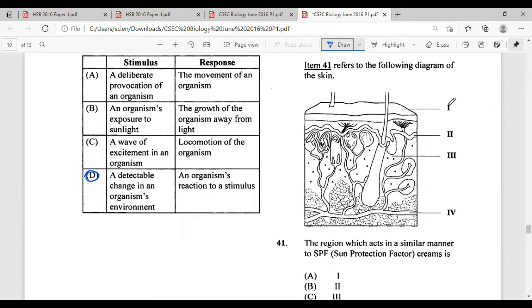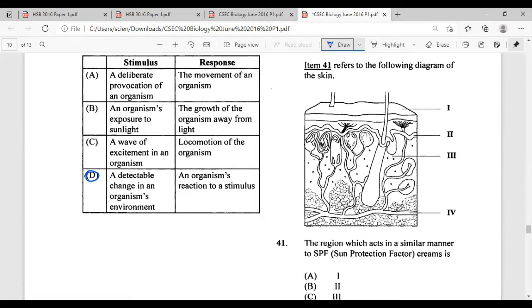So we have 1, which is the top layer of the skin or the cornified layer. Then we have 2, which is the Malpighian layer. And 3 looks like it wants to be the sebaceous gland. Usually a gland is here, but I'm not seeing it.